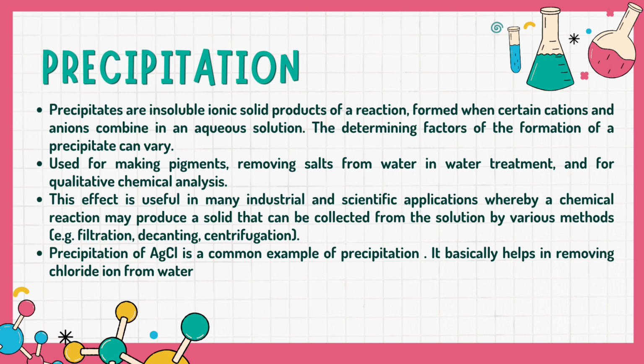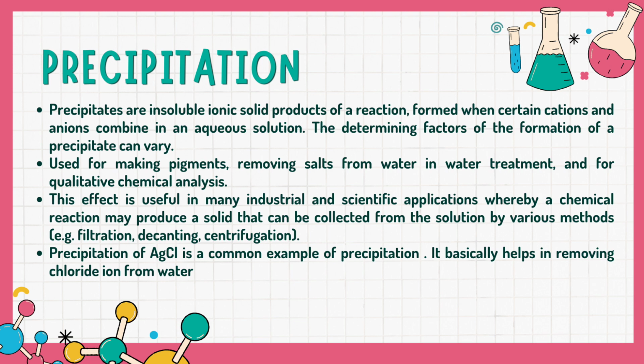The next one is precipitation. The first one, precipitates are insoluble ionic solid products of a reaction, formed when a certain cation and an anion combine in an aqueous solution. The determining factors of the formation of a precipitate can vary. The second, it is used for making pigments, removing salt from water in water treatment, and for qualitative chemical analysis.